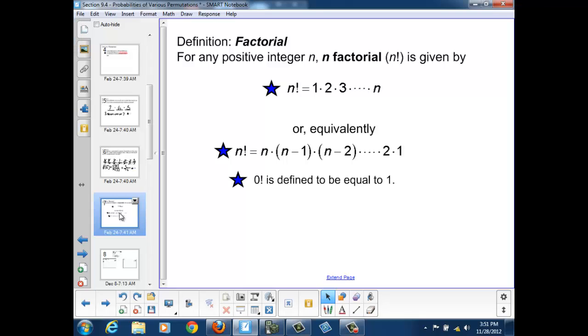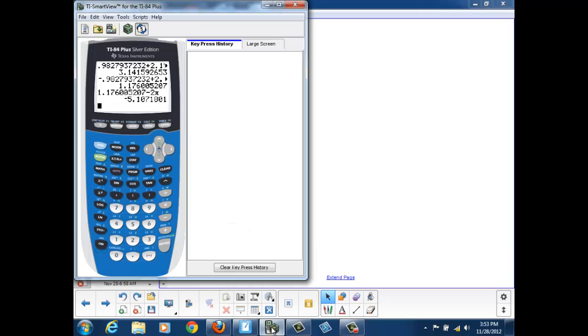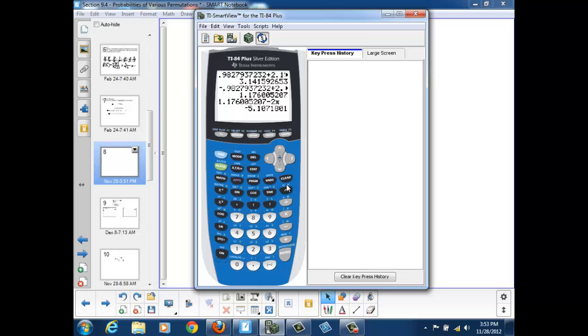Now, this idea of choosing a subset of objects out of a larger set and figuring out how many ways we could arrange this subset in particular orders, a permutation, is something we do quite frequently, and it just so happens that technology, in the form of our calculator, has the ability to do this for us.